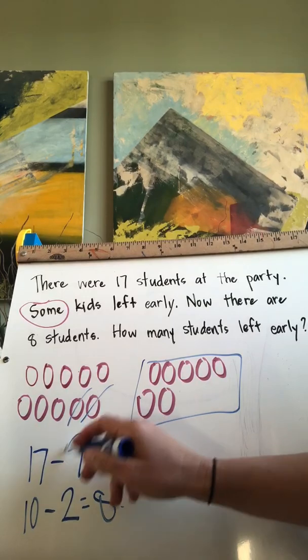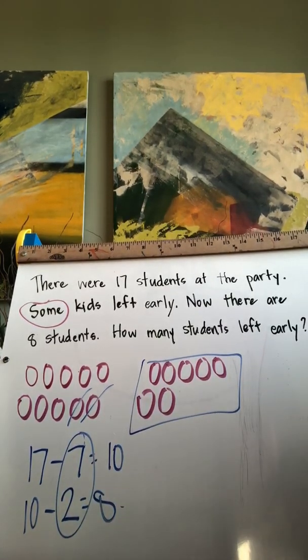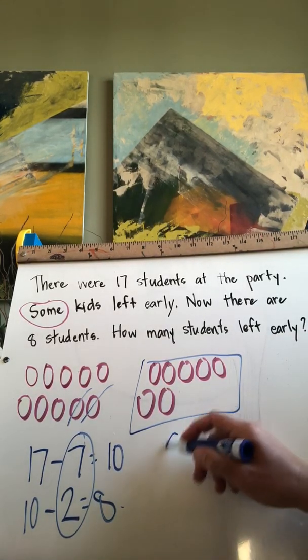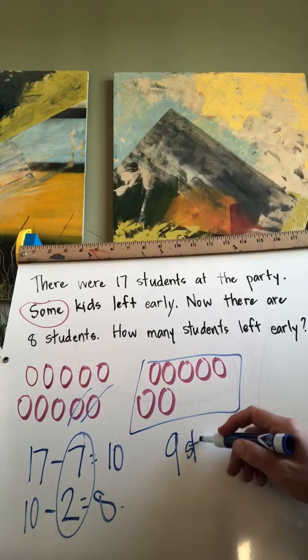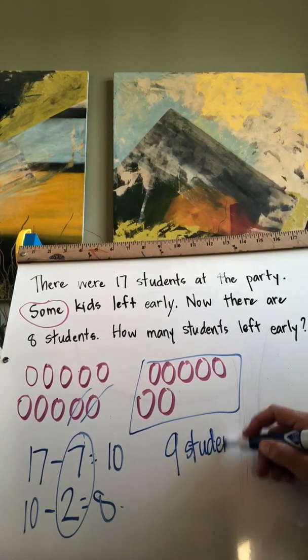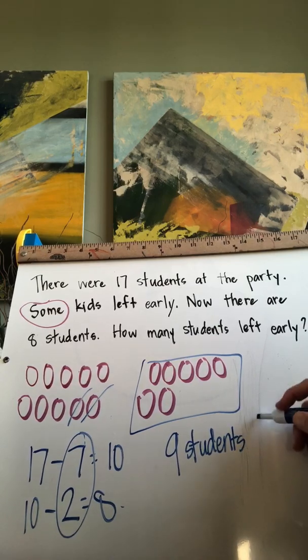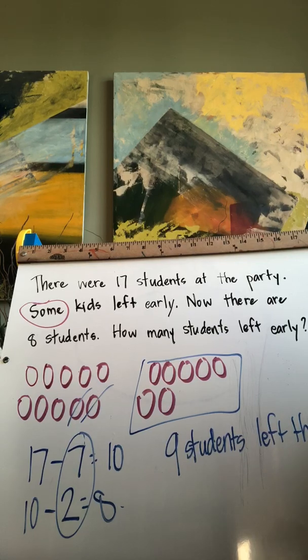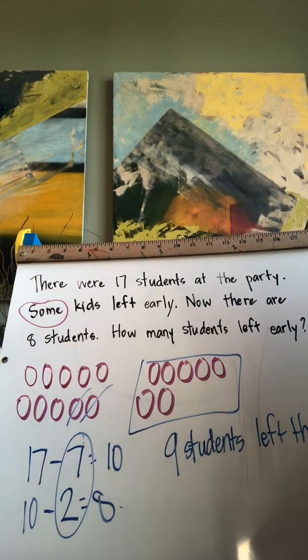Well, what we have to do is take these 2 numbers, 7 and 2, and that tells us how many left the party. So I know that 9 students left the party. So I can see that 9 students left the party early.